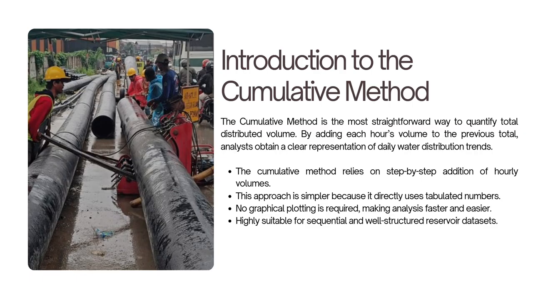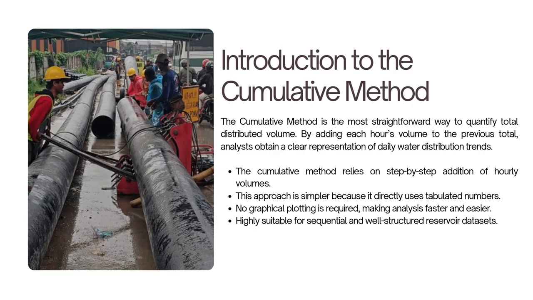Next is about the introduction to the cumulative method. The cumulative method is the most straightforward way to quantify total distribution volume. By adding each hour's volume to the previous total, analysts obtain a clear representation of the daily water distribution trend. There are 4 points in the introduction to the cumulative method.